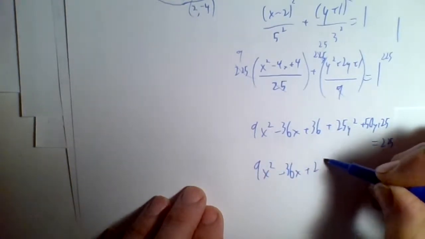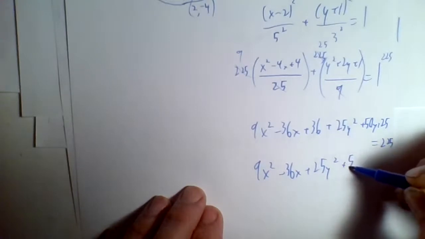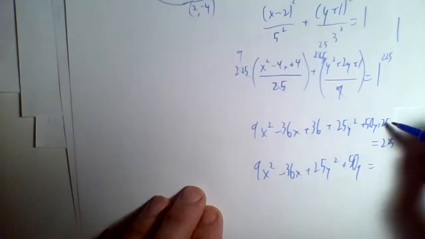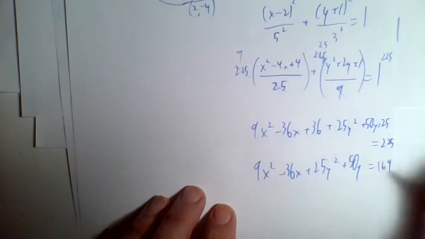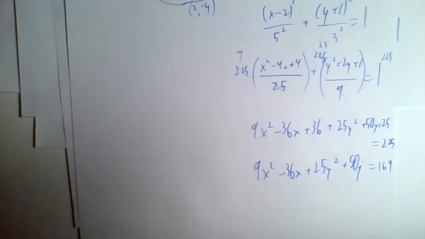Algebraically, as strictly a polynomial, this is the kind of thing that I'm looking at. 164 with the terms put together. But I can still tell, even though that's not set up nicely for graphing, I can still tell in that form that it is an ellipse.